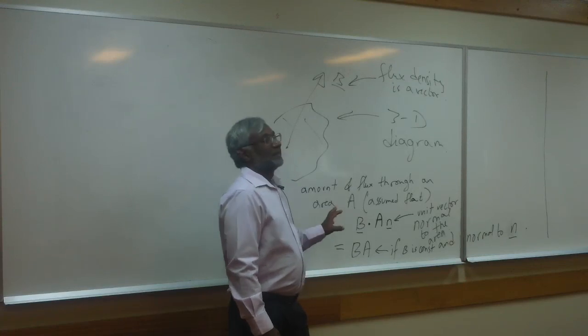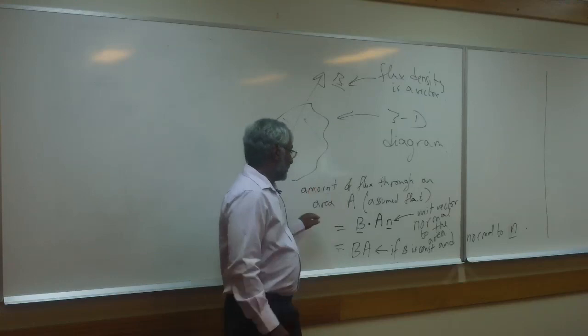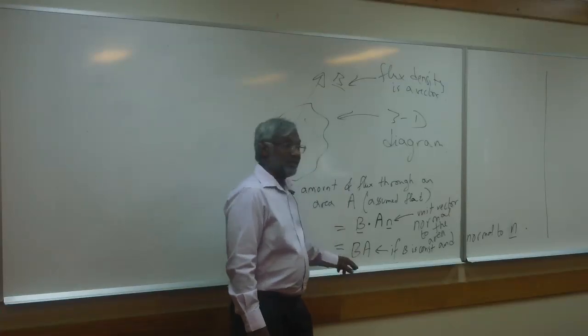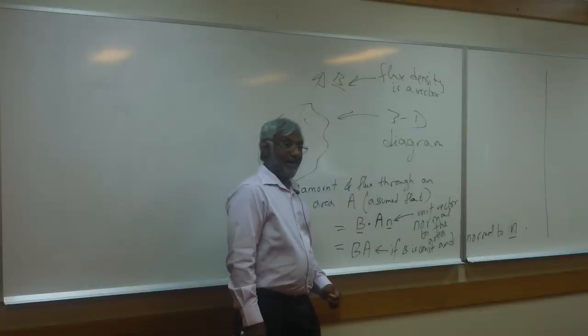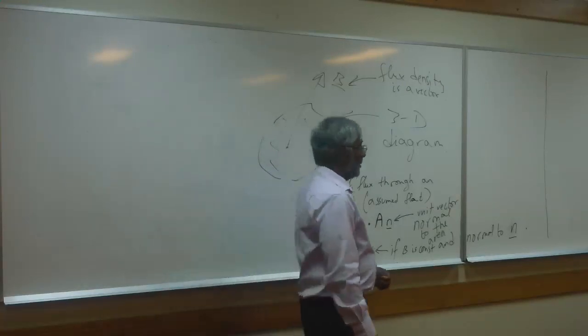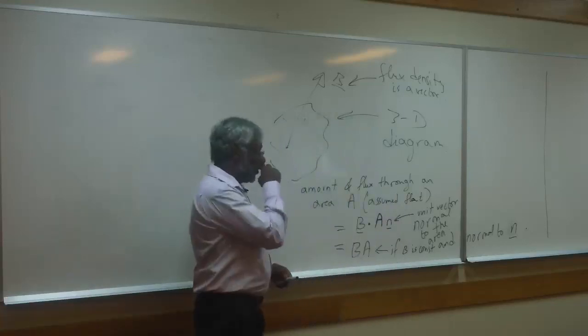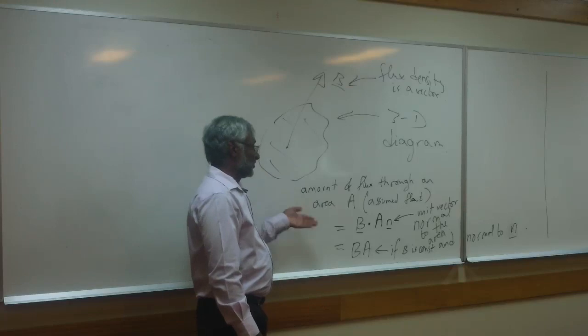But I still want your mind to be open enough to realize that amount of flux equal to B times A is only true if those conditions are met. And I am hoping that you would think, oh, what would happen if those conditions are not met?